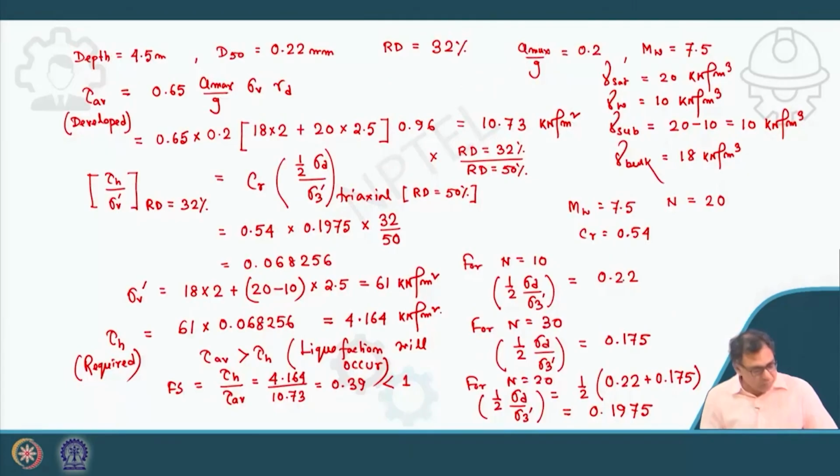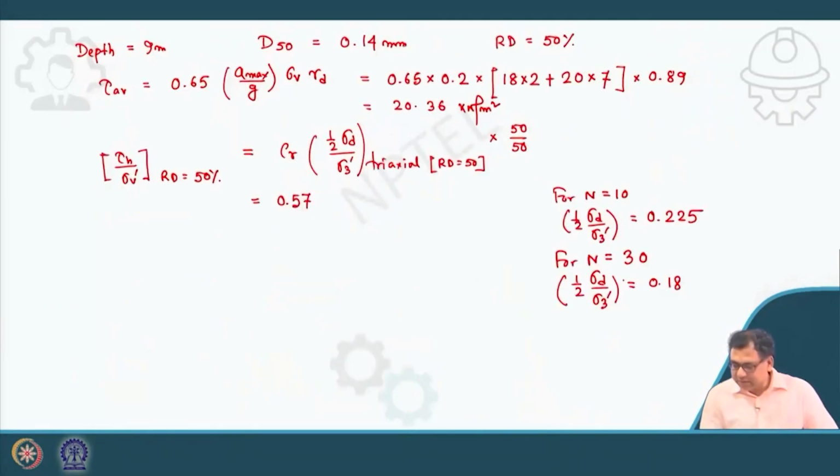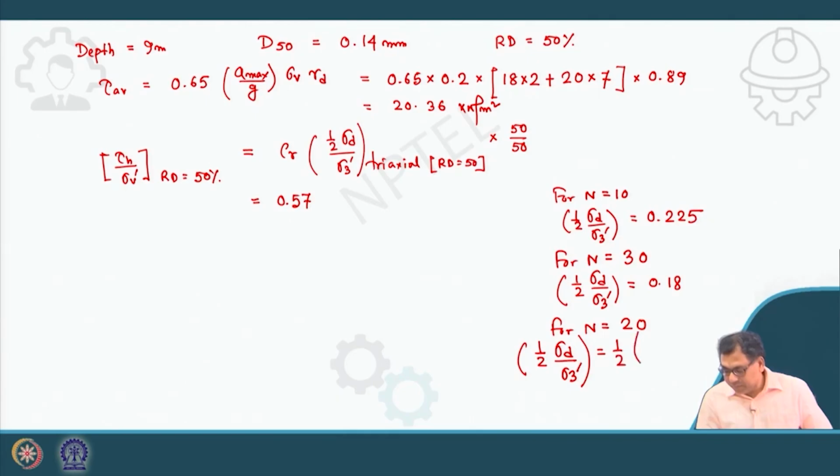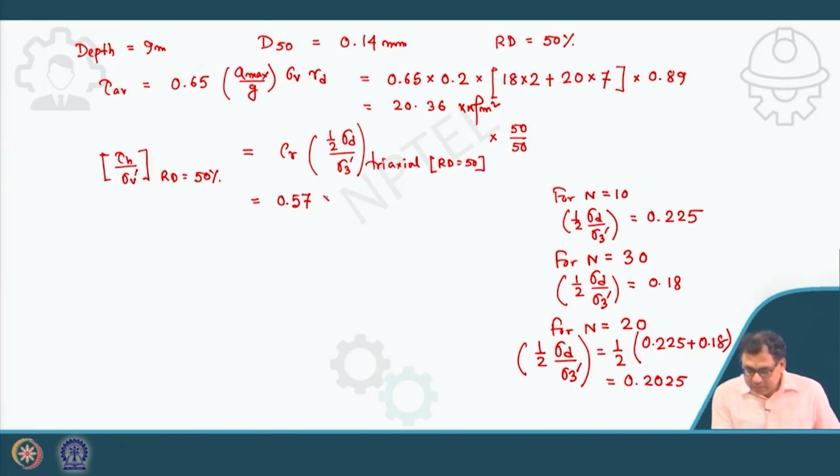Initially it was 0.22, now there is a slight increase, that is 0.225, and this is 0.18. So for n equal to 20, half sigma D by sigma 3 dash is equal to half of 0.225 plus 0.18, which is 0.2025.